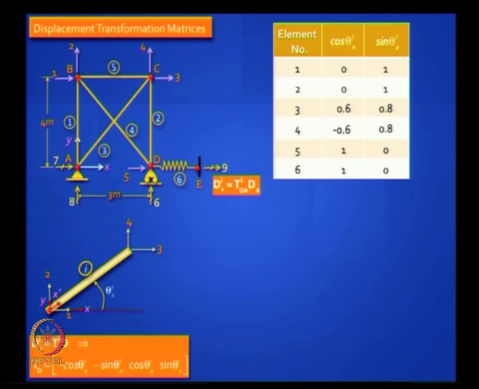How many active degrees of freedom are there? 5. So it is going to be one row, 1 by 5, and there are 6 elements. So, it totally will be 6 by 5. I want to see that 6 by 5, you have to do it, you got all the sin thetas and cos thetas here, just move your brain.